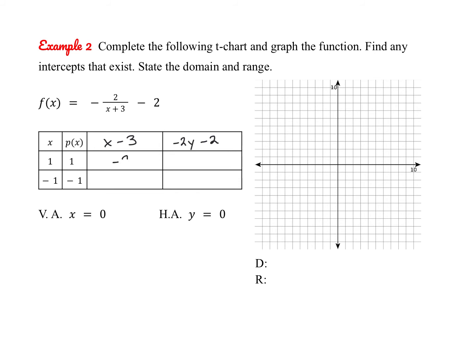So this gives us negative 2 and negative 4. And then here we get negative 2 minus 2, which is negative 4. And then here we get positive 2 minus 2, which is 0. We're going to apply these same changes to our asymptotes. Here we'll subtract 3 to shift it to the left 3.